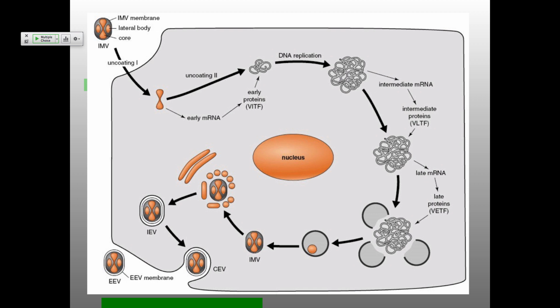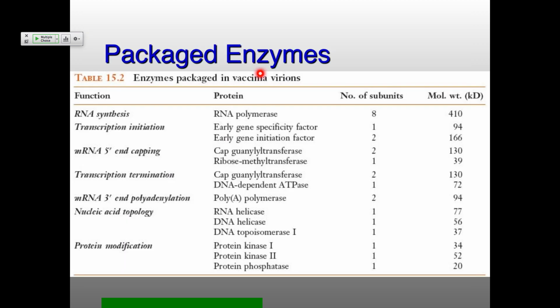So let's look at some of those packaged enzymes. Basically, everything you need to make messenger RNA is present in the virion. So RNA polymerase, these early gene specificity factors, those are VETFs. Capping proteins, guanylyl transferases, ribose methyltransferases, just like you would see with cellular processes, ATPases, poly-A polymerases, RNA helicases, DNA helicases, protein kinases, basically you name it.